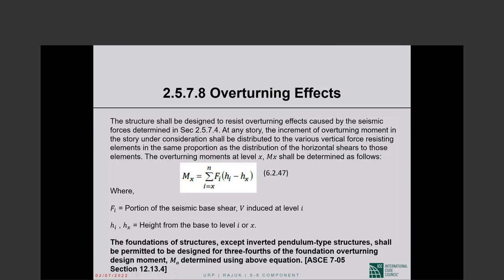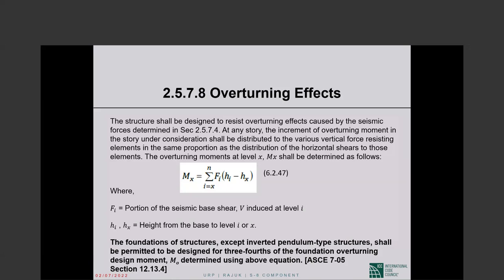Now, the foundations of structures, except inverted pendulum type structures. This is like a water tank where all the mass is at the top. The foundations of structures, except inverted pendulum structures, shall be permitted to be designed for 3/4 of the foundation overturning design moment M sub 0 determined using.